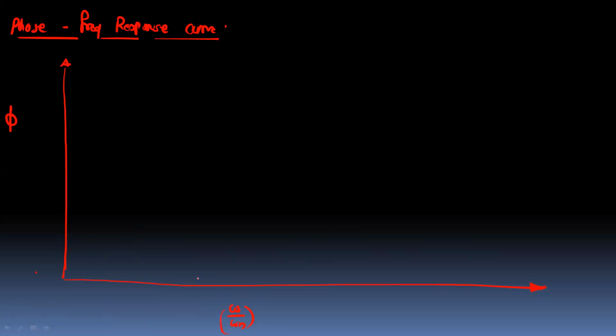It is 1, 2, 3, and so on to the right side, starting from 0. For the phase angle, we have 0 degree, then 90 degree, and 180 degree.